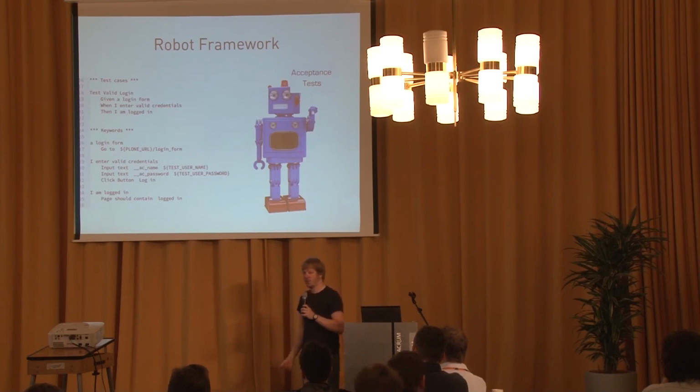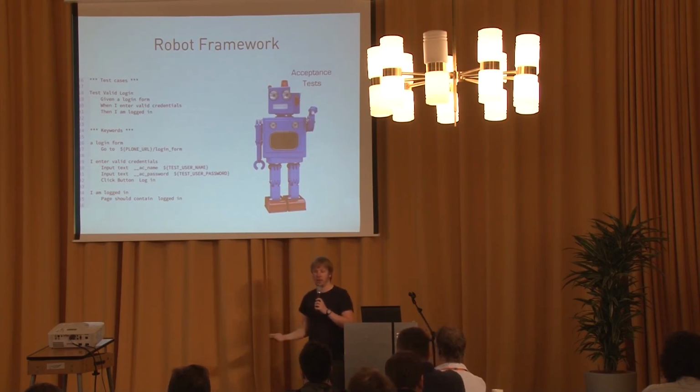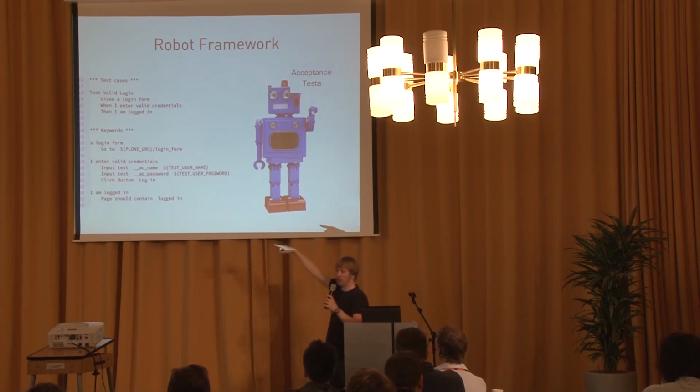But actually, I pointed that out: I would prefer to write tests in Robot Framework a lot more than we used to do it in Zope testbrowser so far, in doctest so far, because it's a lot more readable to have these test cases. If you have like 20 or 30 different test cases, and every test case is only a couple of lines of code, and you encapsulate all the nasty details in your keywords, then it's a lot more readable.